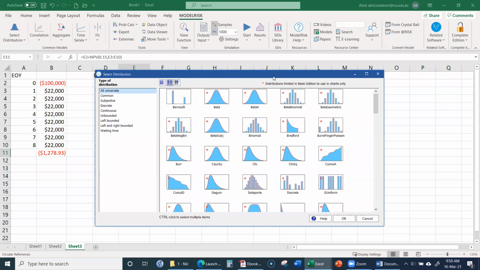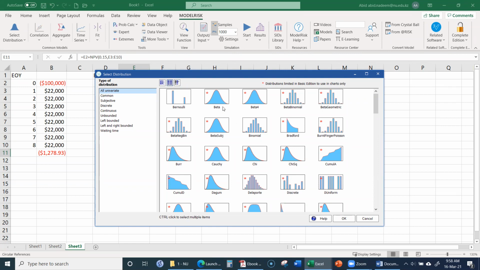But since I installed this program some time ago, my program is now not a full version. It is only a basic version. In the basic version, you can only try a few of the distributions. The distributions shown with a star over here are only available in the full version.